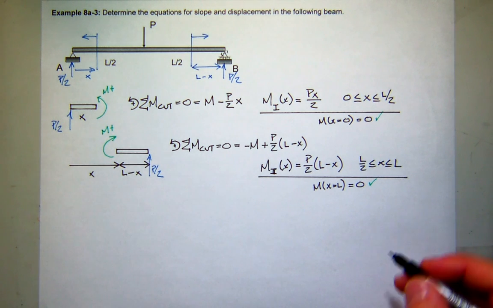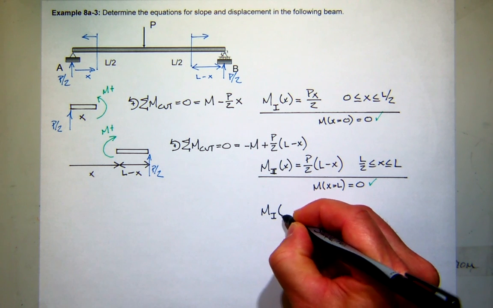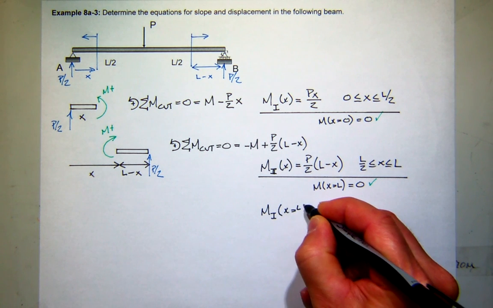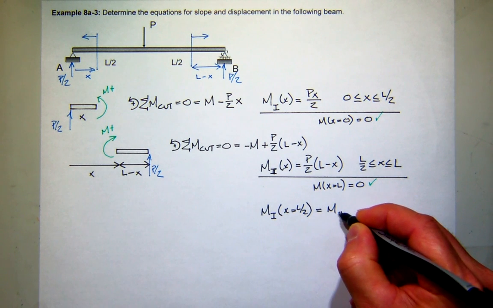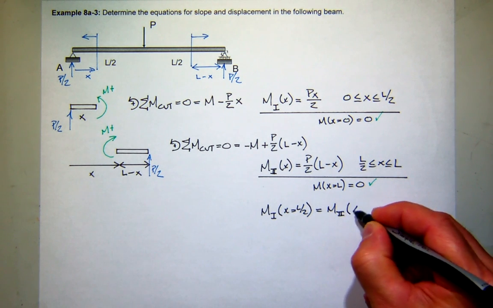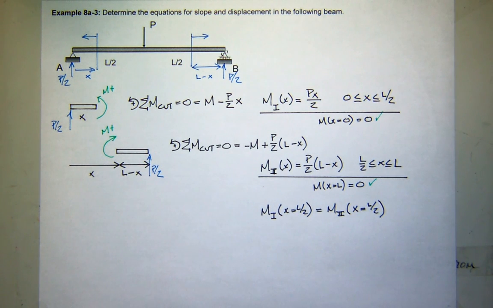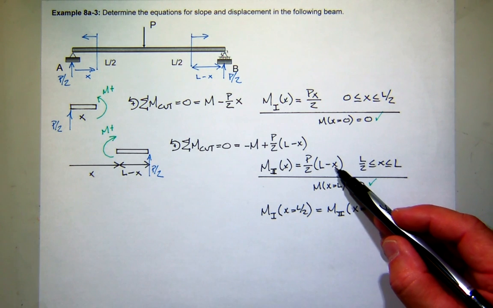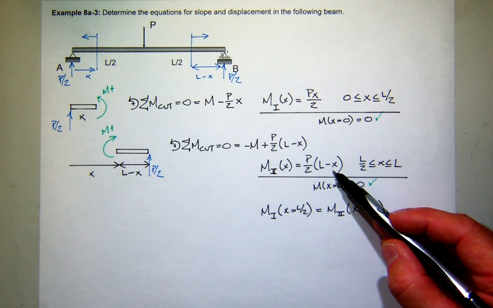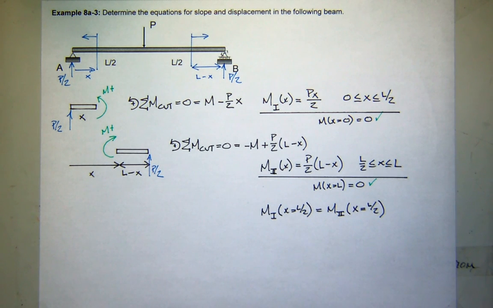One other thing I can check before I go on is that the moment produced from the first equation at x equal L over 2 should match the moment produced from the second equation at the same point. They should have the same value. Is that true? When you plug in L over 2 here, you get PL over 4. You plug in L over 2 here, you get PL over 4. So they do match.